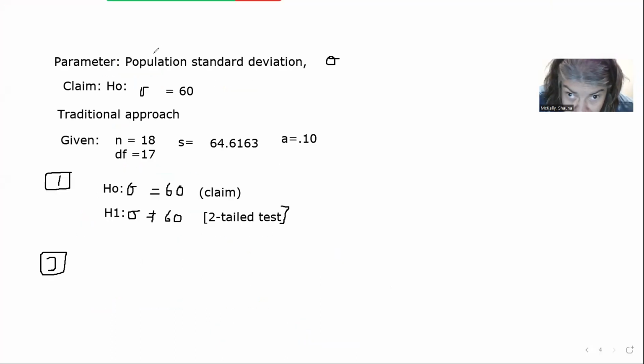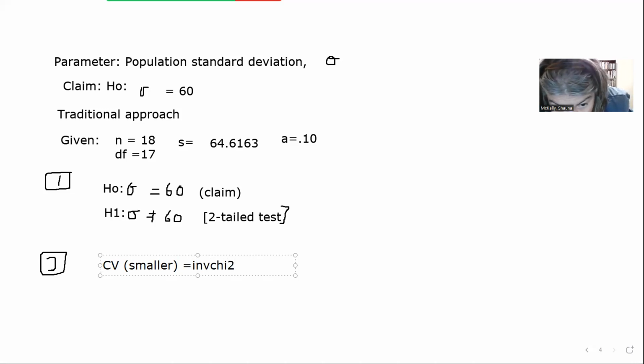Okay. So next thing, we write that on our paper. So here we have my chi-square value. This is my smaller one. It is going to be inverse chi2 of the smaller one, which is 1 minus 0.10 over 2, alpha over 2, and df.